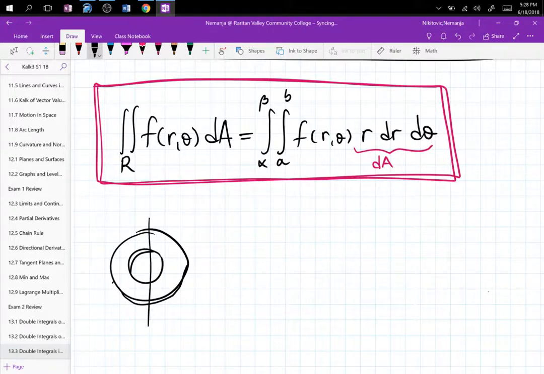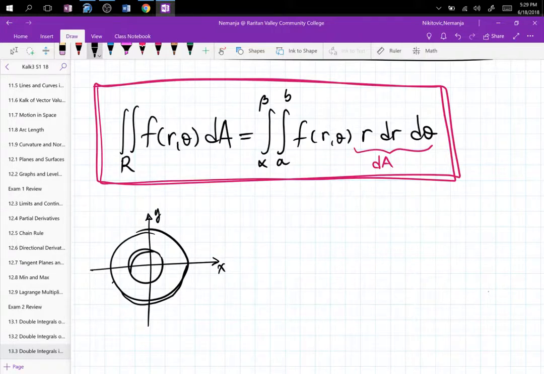If I want to find the volume of something like this, well, I would need the surface area, and then I would need to multiply it by the thickness, right?